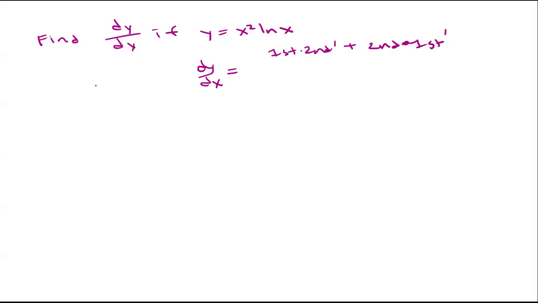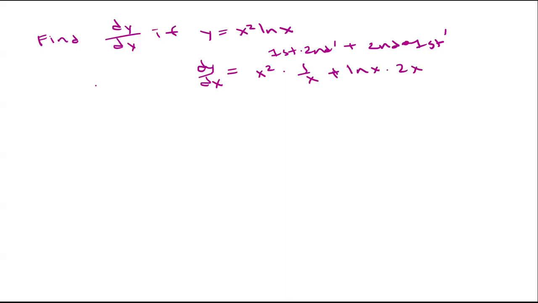So our first term here is going to be x squared, and then first times second derivative, that's going to be 1 over x. The second term here is going to be ln of x, and then our first derivative is going to be 2x.